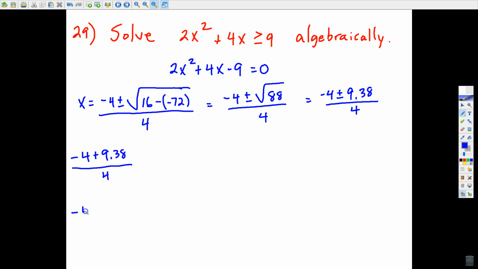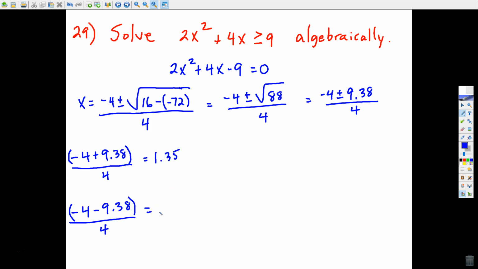And then we're going to do the same thing with negative 4 minus 9.38 divided by 4. Now be careful, if you're going to do all of this in your calculator at once, you'll need to put parentheses around the numerator. Okay, so let's see if we get the same thing. Negative 4 plus 9.38 divided by 4 is 1.35 rounded.